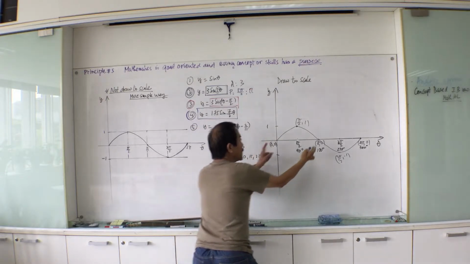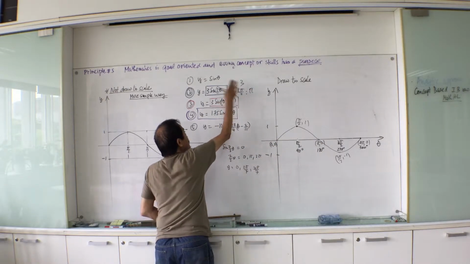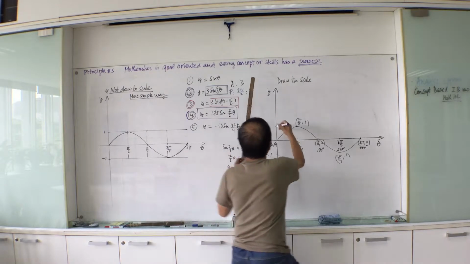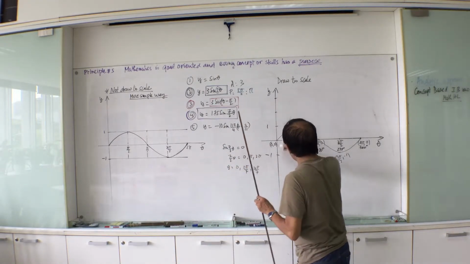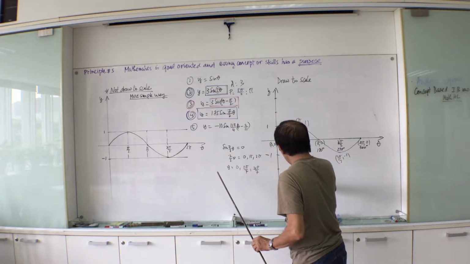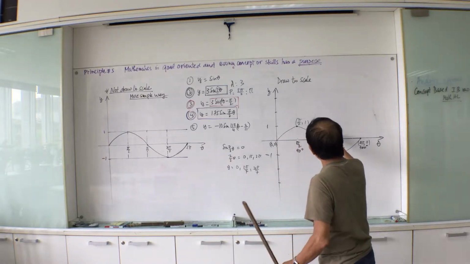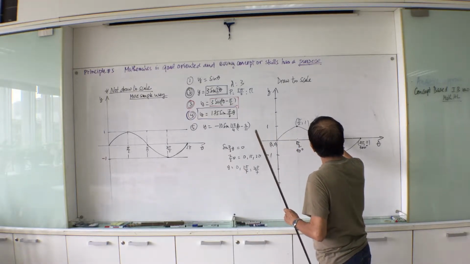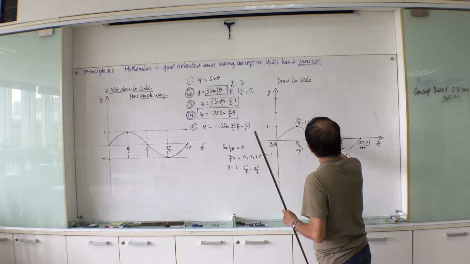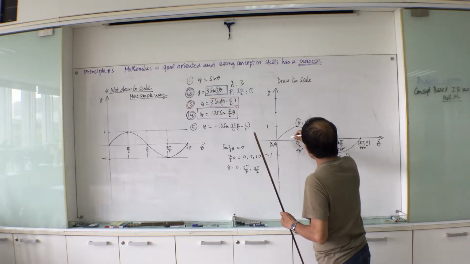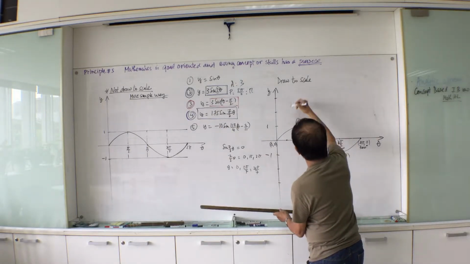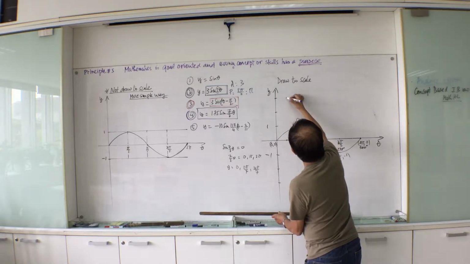So the period is only pi, and the amplitude equals 3. Then we have to do 1, 2, 3. The period of pi means you have this point here, this point halfway here, and this point here.